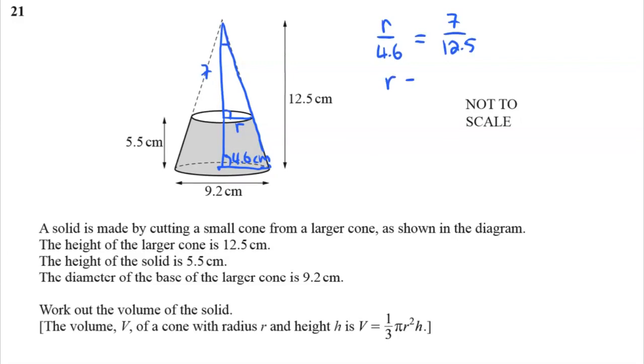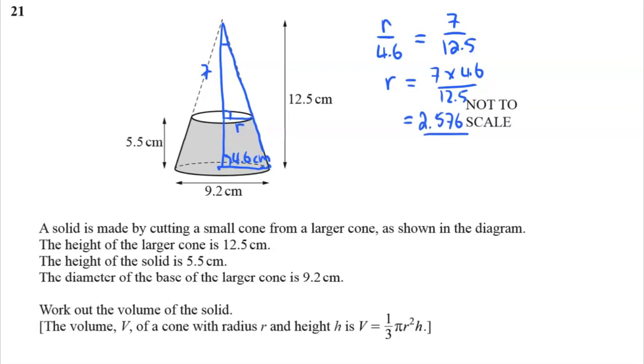Well, it won't yet, but if we actually work out 7 times 4.6 divided by 12.5, we will get the radius of the little circle, which is the base of the small cone. Okay, so our handy calculator tells us this is going to be 2.576. All right, sorry, we're running into the not to scale.